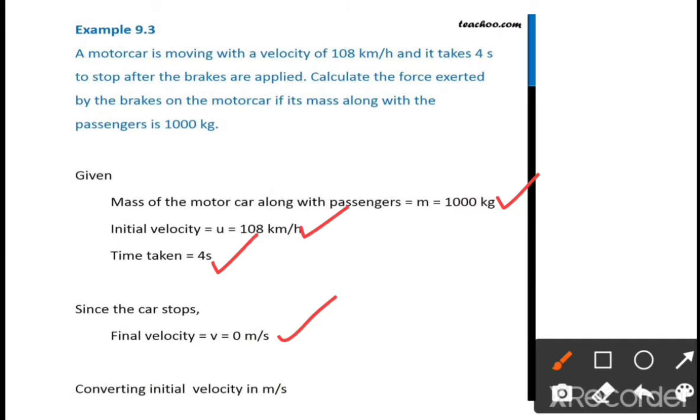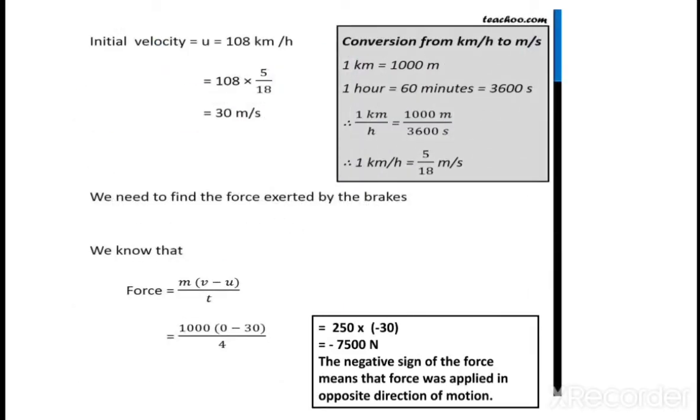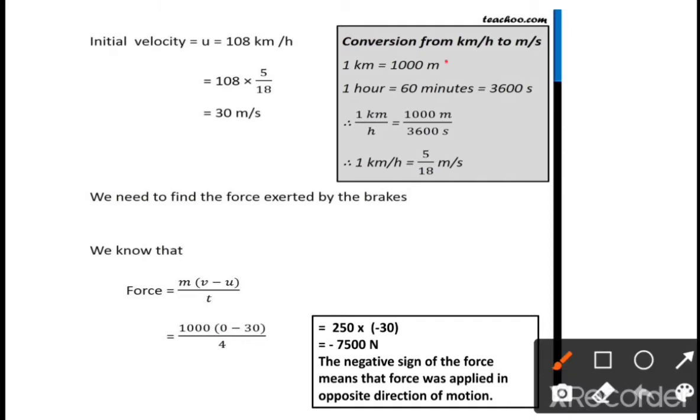Converting the initial velocity to meter per second. The initial velocity is given in kilometer per hour, so you have to convert kilometer per hour into meter per second. Initial velocity u equal to 108 kilometer per hour. You know that 1 kilometer equals 1000 meter, 1 hour equals 3600 second.